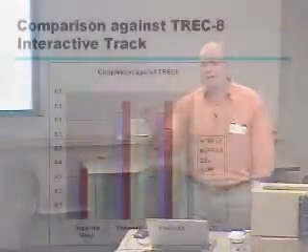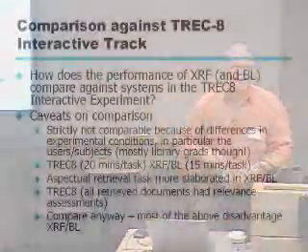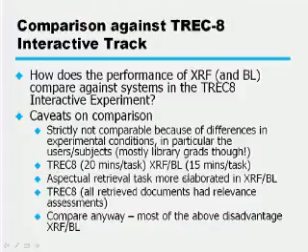In Track 8, all the retrieved documents had relevance assessments. Anyway, I'm going to compare them anyway, but you do understand that there are caveats. No, the source of documents was 210,000 Financial Times documents, basically newspaper articles from 1991 to 1994.